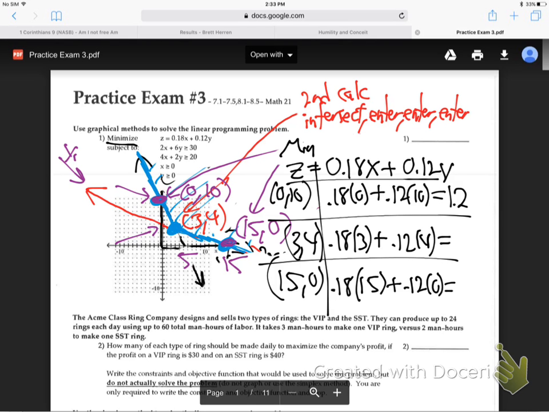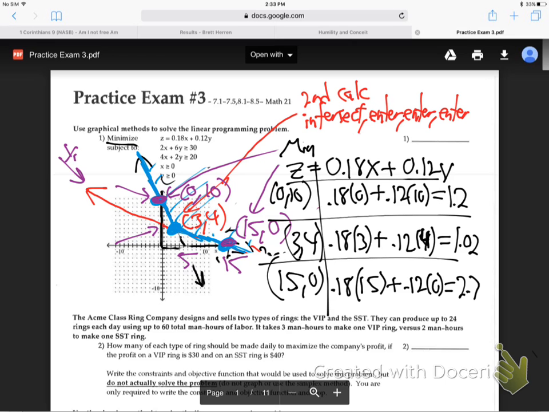Somebody got those? 1.02 for the second one. Thank you. And the third one is, what's that, 2.7? Am I doing that right? Yeah, 2.7.